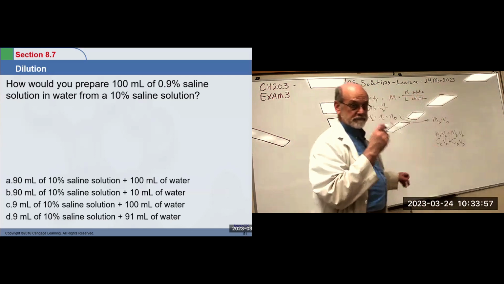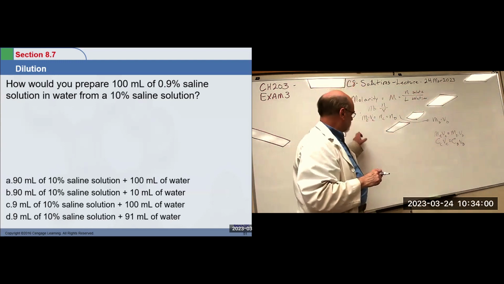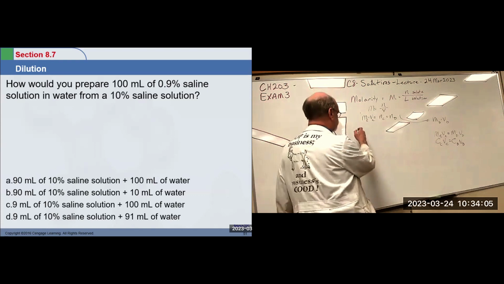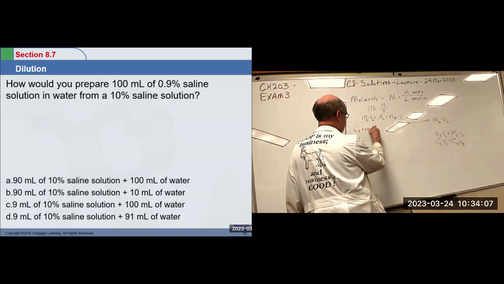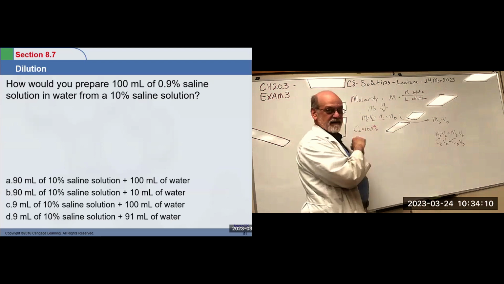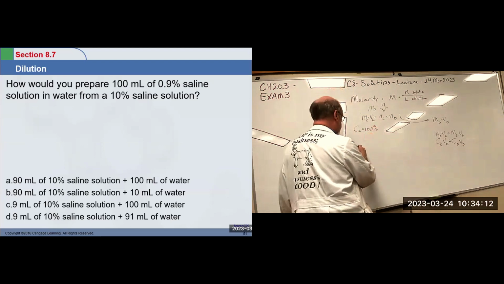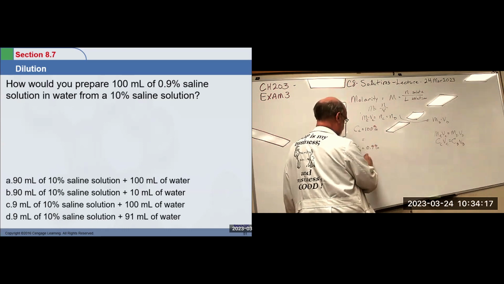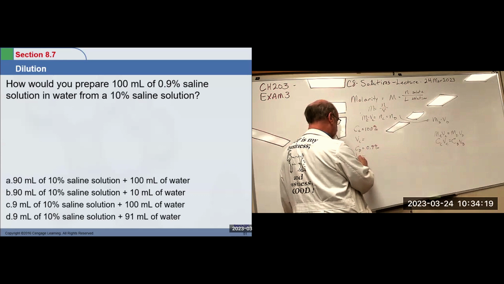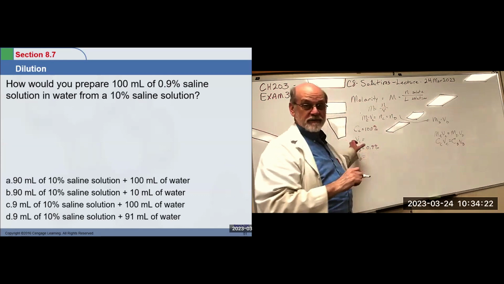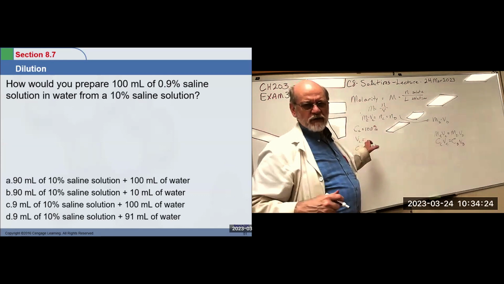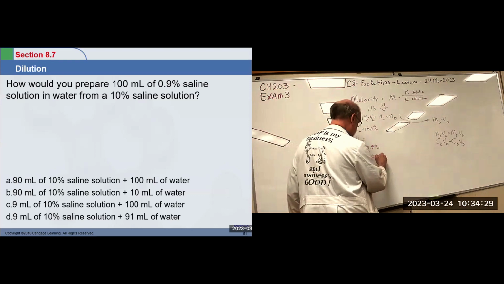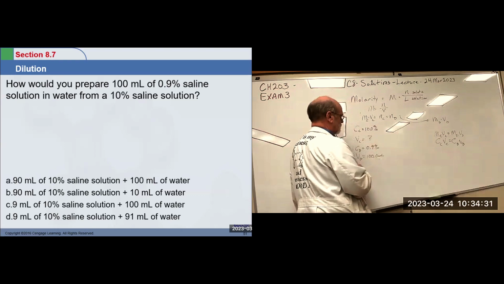So the concentrated concentration is 10%. The diluted is 0.9%. So the volume of the concentrated and the volume of the dilute are the other two terms. 100 milliliters of this final one, and this is our unknown.